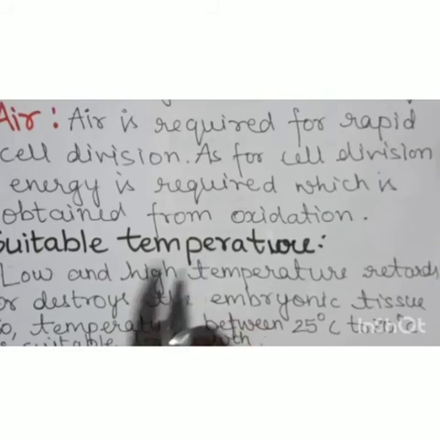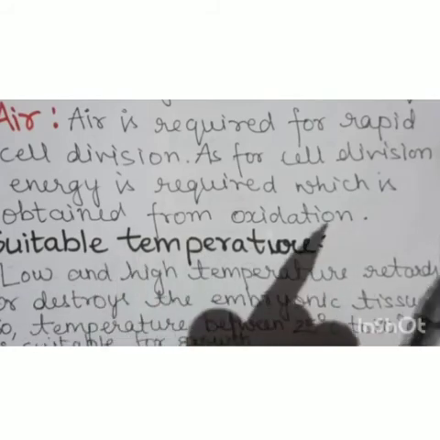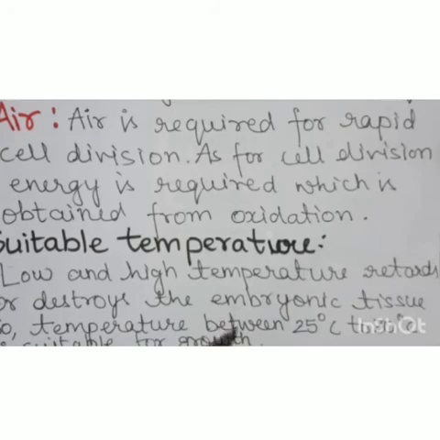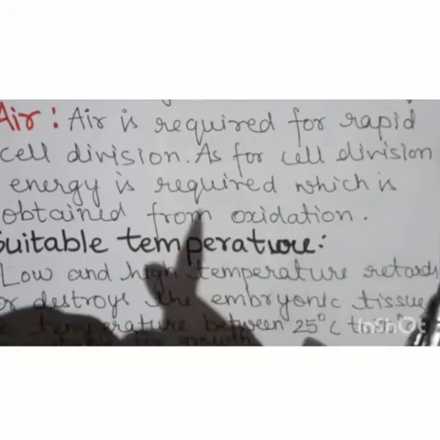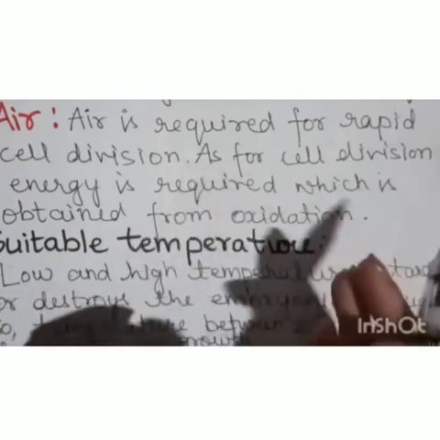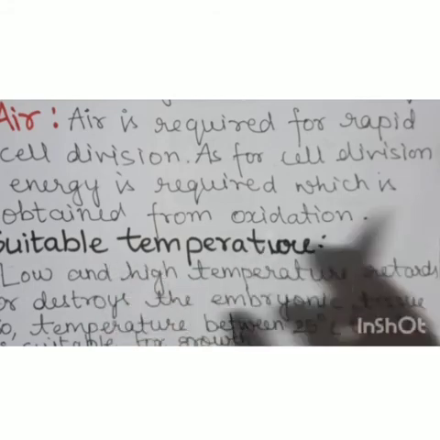Suitable temperature: low and high temperatures retard or destroy the embryonic tissue. So the temperature should be between 0 and 30 degrees, and the optimum temperature should be between 25 degrees Celsius and 30 degrees Celsius for suitable growth.